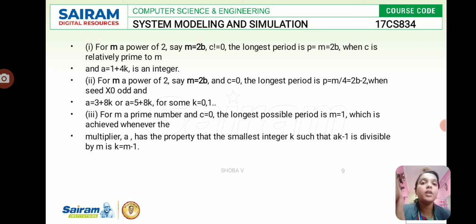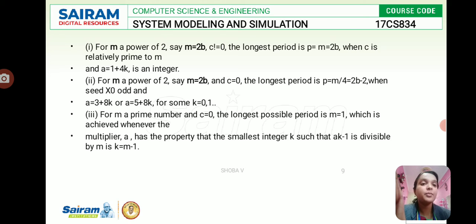Okay, now we can see m as a power of 2, that is m equal to 2^b. If c is not equal to 0, the longest period is p equal to 2^b, when c is relatively prime to m and a equal to 1 plus 4k, where k is an integer.